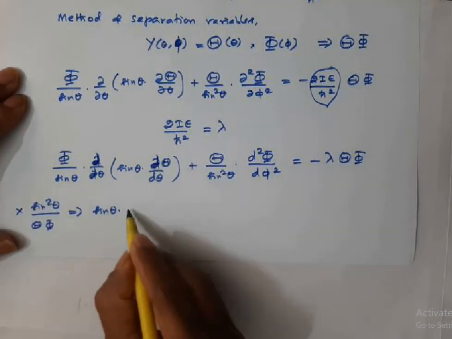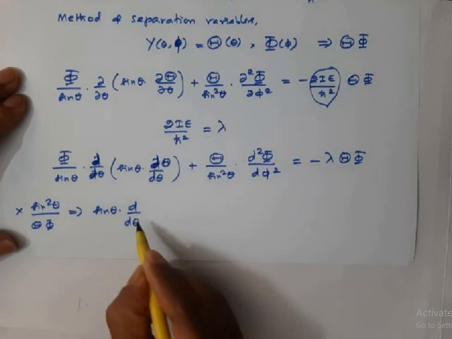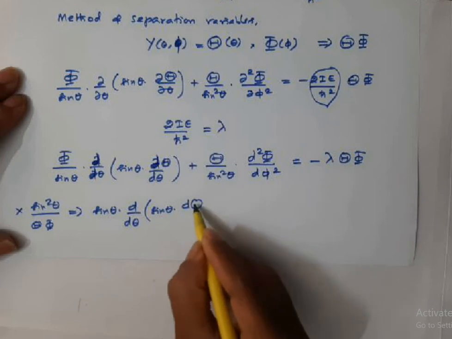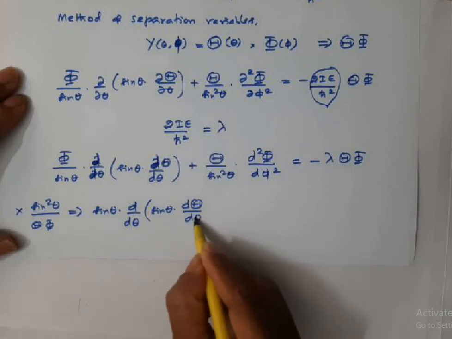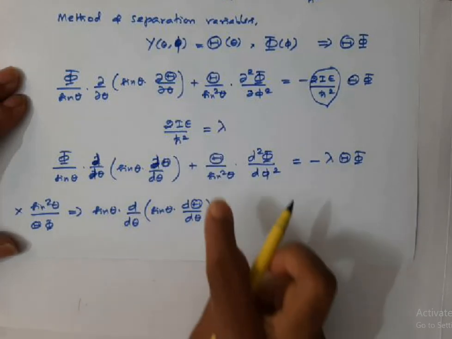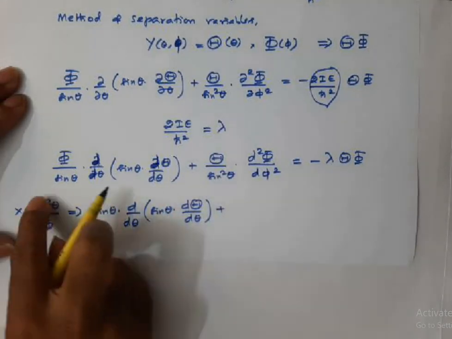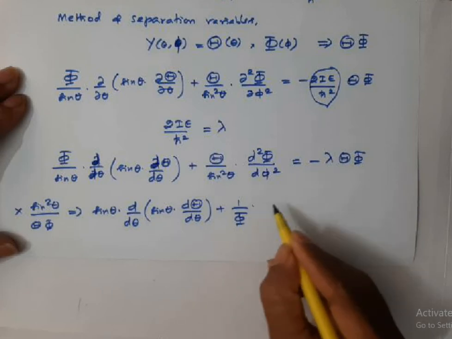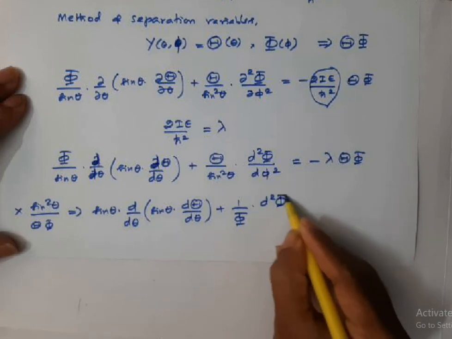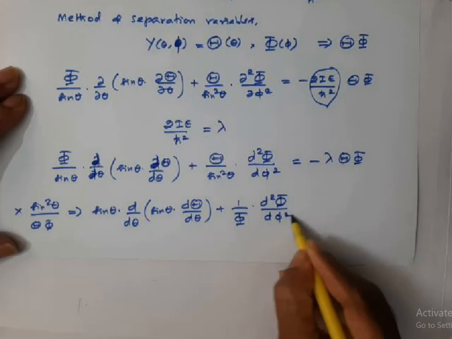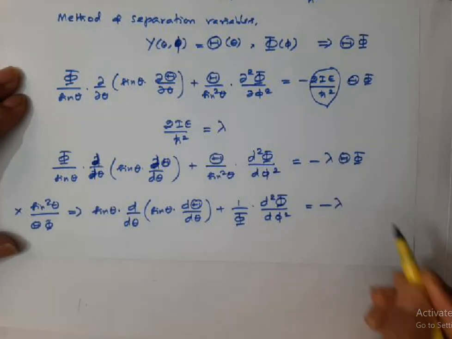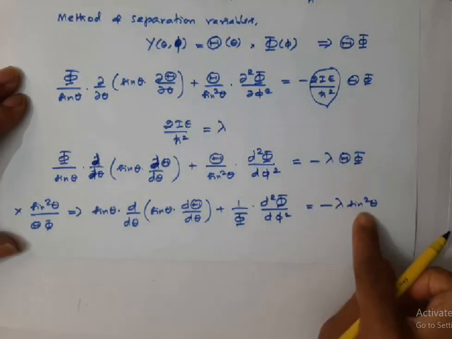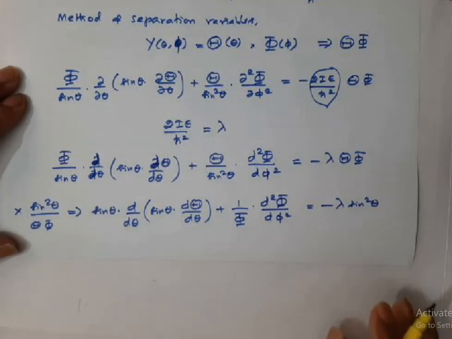So sine theta into d by d theta into sine theta d Theta by d theta, plus here Theta cancels, sine square theta cancels, so you're left with only 1 by Phi into d square Phi by d phi square, equal to minus lambda into sine square theta. Theta and Phi cancel.